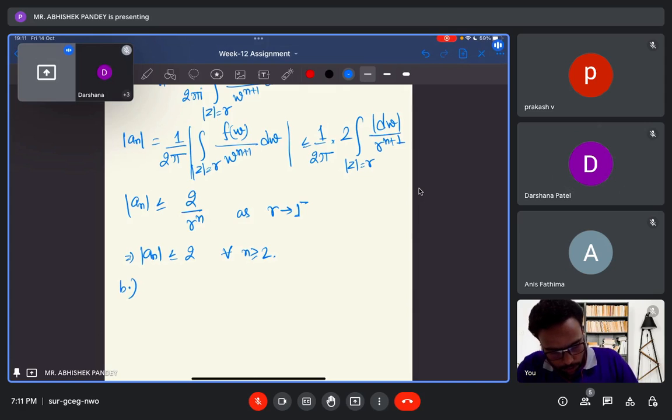You are given a circle of z such that mod z equals 1 by 4.